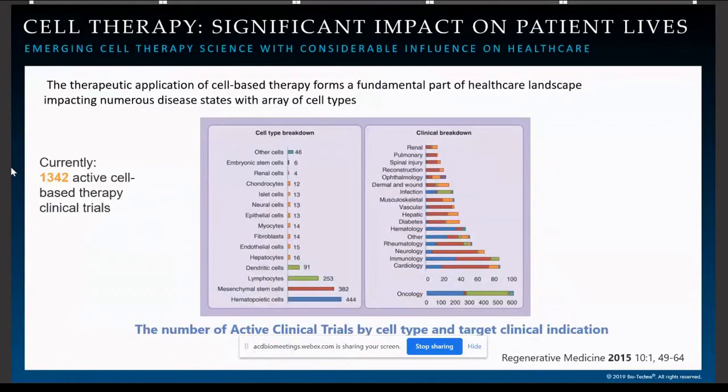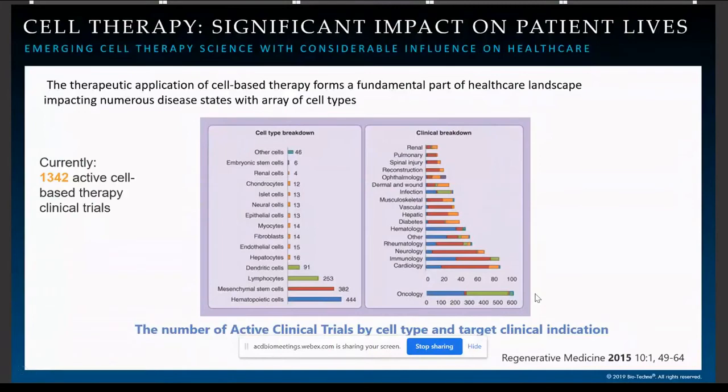Cell and gene therapy has really expanded in the last several years. This is a table highlighting not only the variety of different cell types that clinical trials are going on, but also the breadth of different disease states. You can see quite an array of different areas that cell and gene therapy are targeting, with oncology at a significantly higher amount.